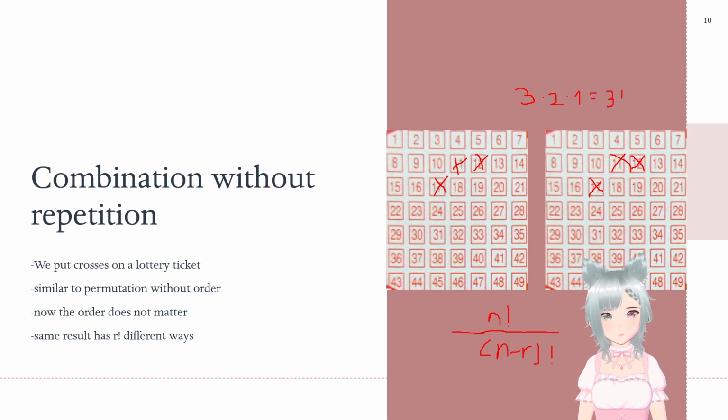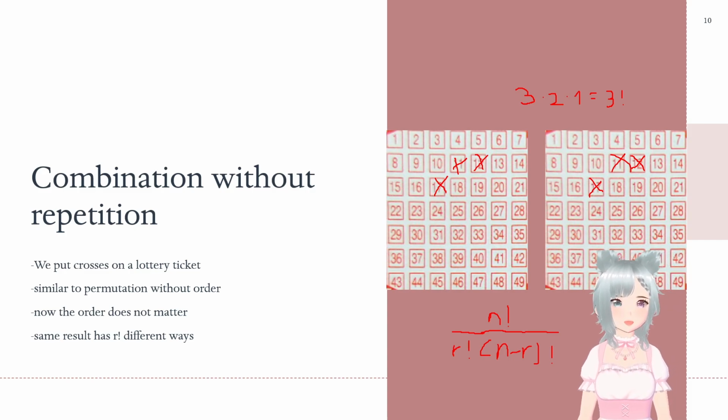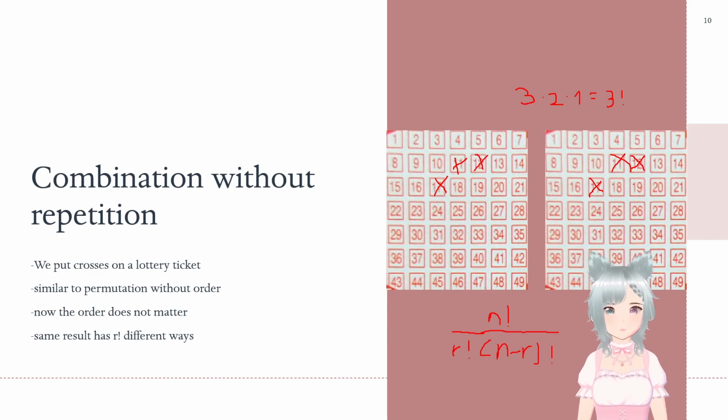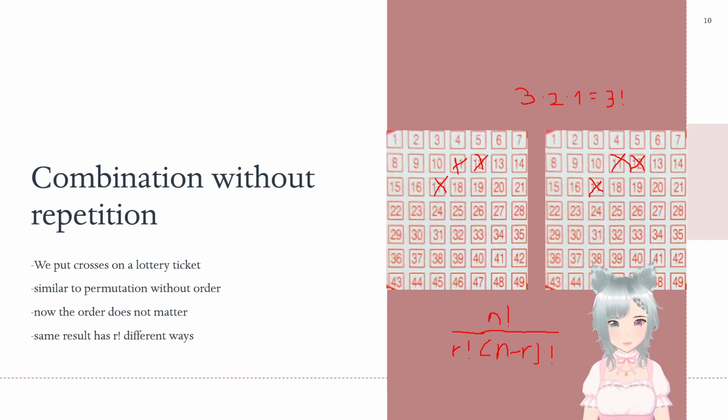which is just 3 factorial, or in this way, because r is the number of crosses we have to do, it's just r factorial in the denominator. This is really commonly used, especially in stochastics, and this is why there's another way to write this down.